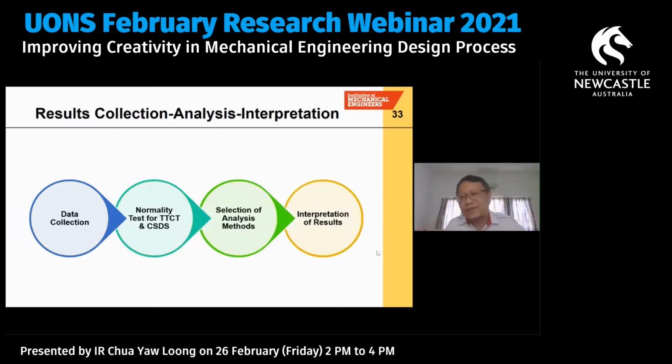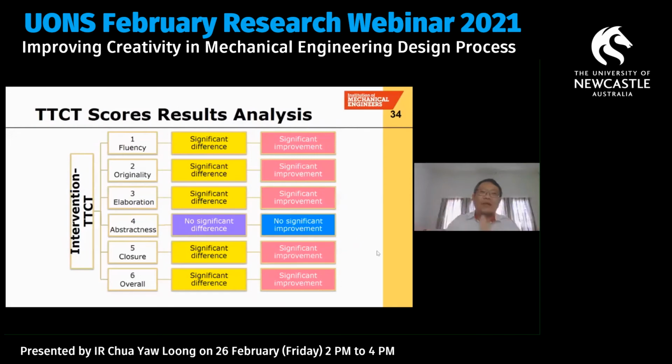So how do the results look? As I mentioned, we have 2 different groups, intervention as well as the control group. In the intervention group, as you can see in my slides here, I have the scores for fluency, originality, elaboration, abstractness of title, and premature closure. The sixth is the total score of all 5.